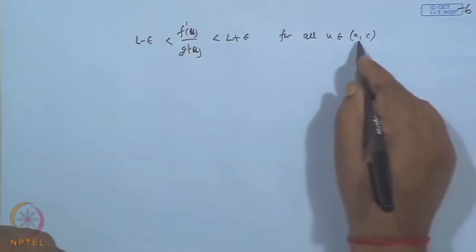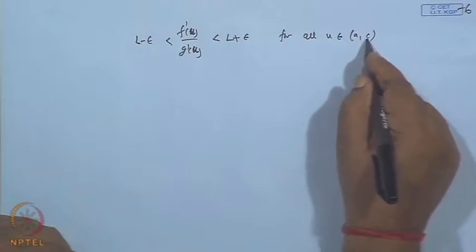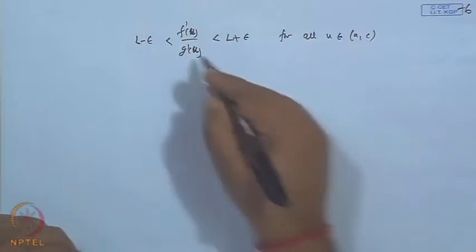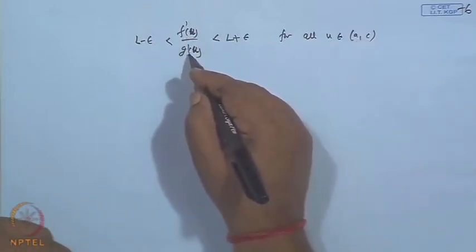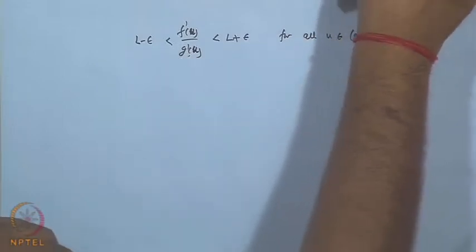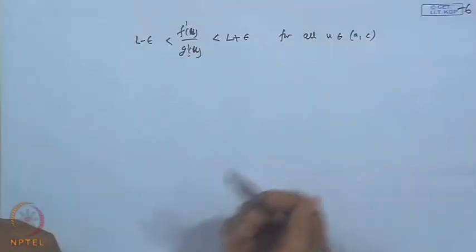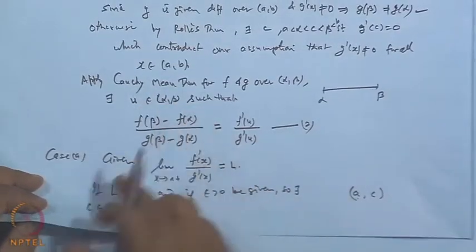We can find the right neighborhood of A, where if we take any point in that right neighborhood of A, this condition will be satisfied. But f prime u over g prime u we have already found from 2. So, substitute this value.